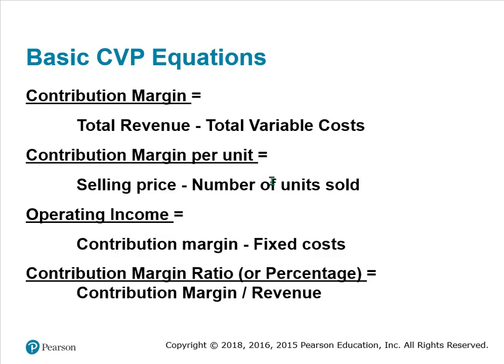So the contribution margin can also be obtained by multiplying the contribution margin per unit times the units sold. And contribution margin per unit can be obtained by taking the contribution margin divided by the number of units sold. Okay, and you could take the contribution margin per unit and divide that by the selling price and get the contribution margin percentage. All kinds of different ways to rearrange this.